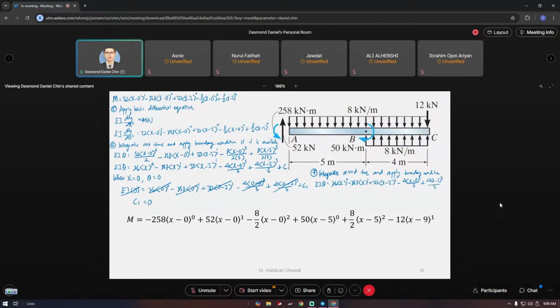Why didn't I put plus C1 anymore? Because C1 is already 0. I found it, isn't it? So no need.